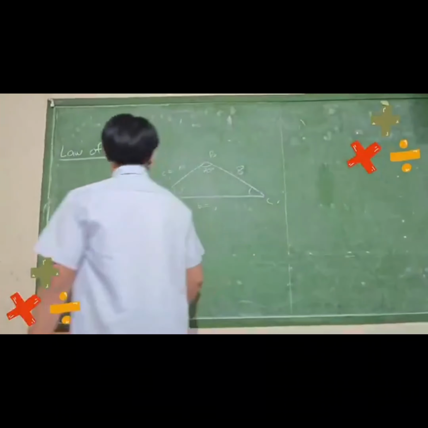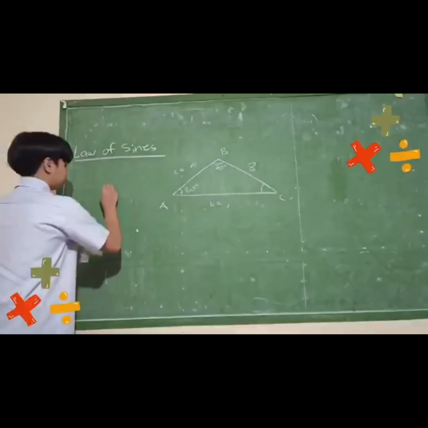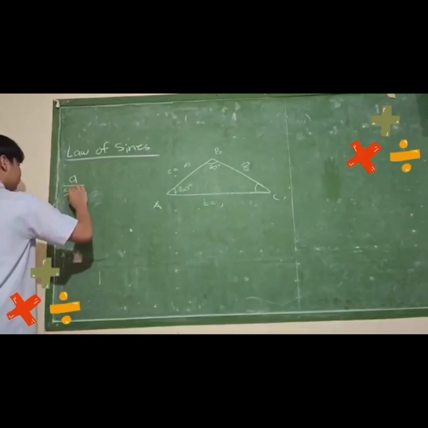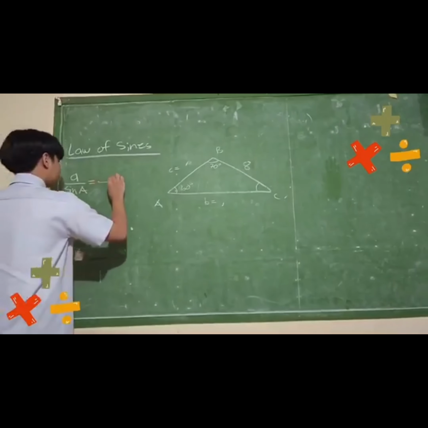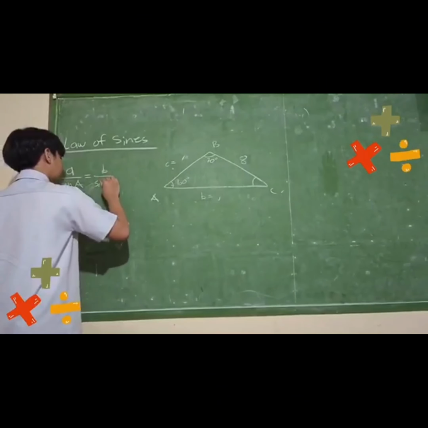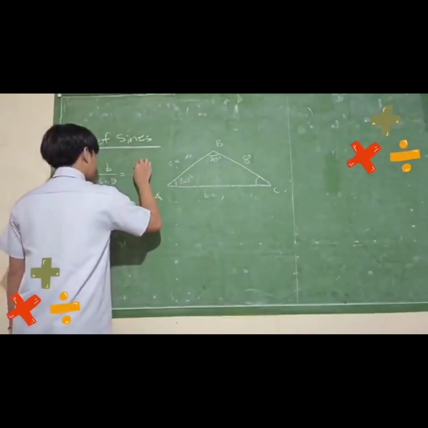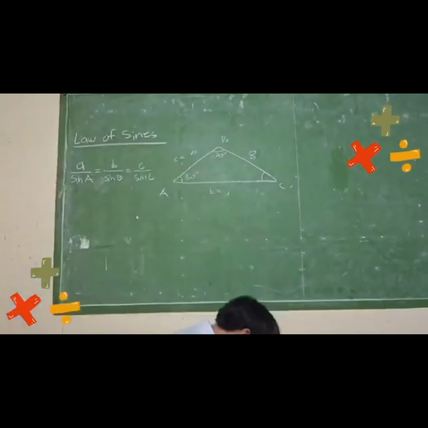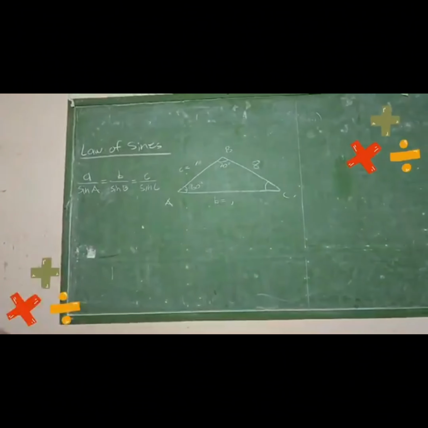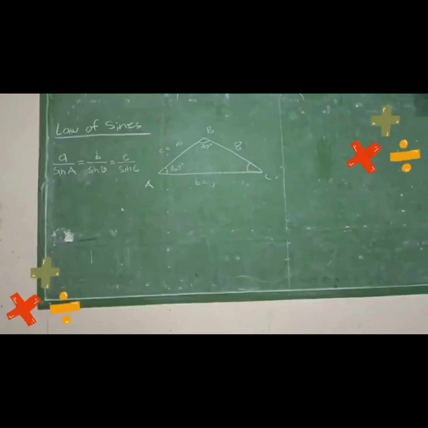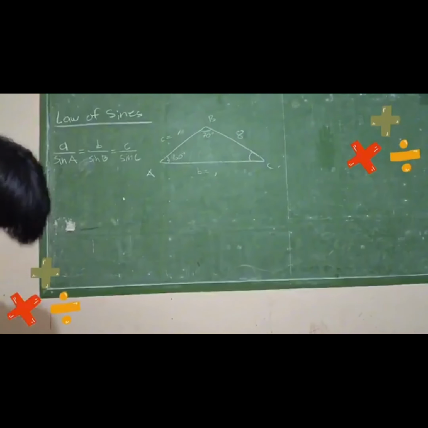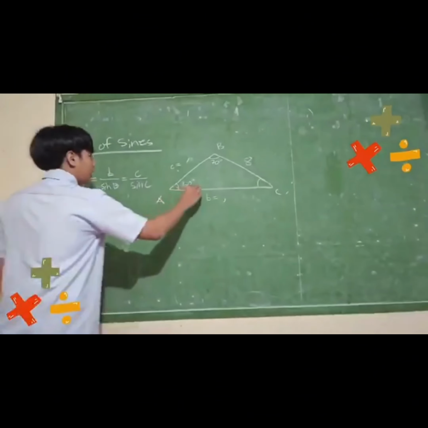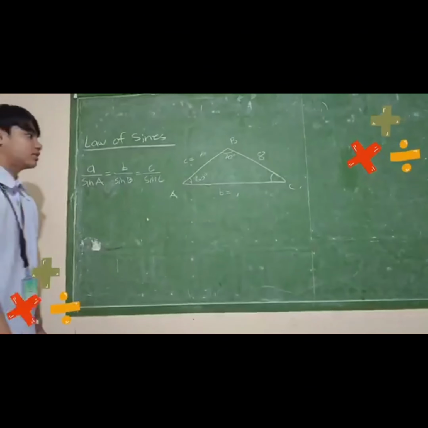Law of sines has a formula which is, the first is a over sine A. As I said earlier, the lowercase letters represent the sides and the uppercase letters represent the angles.